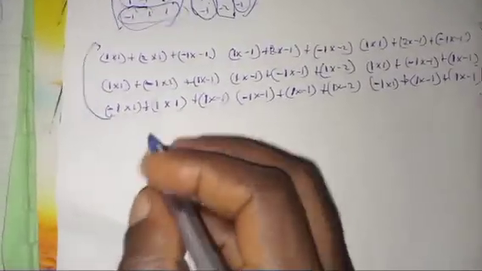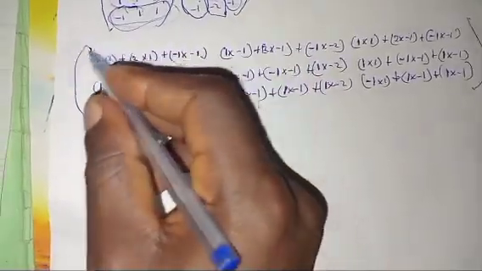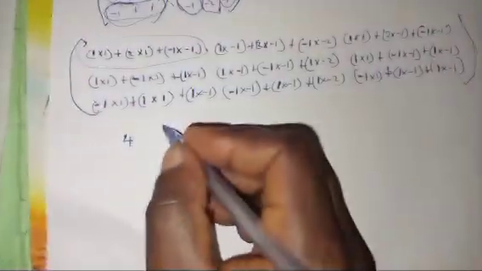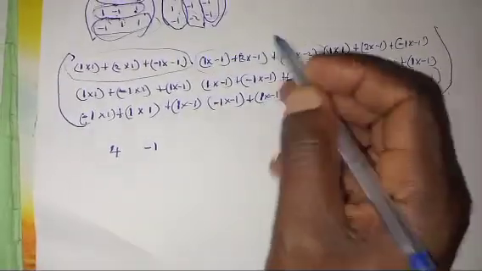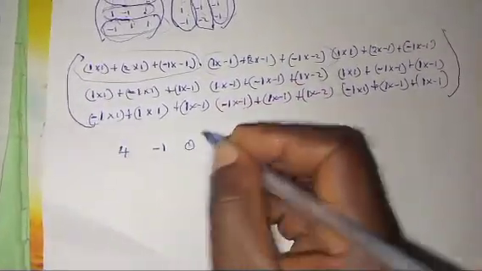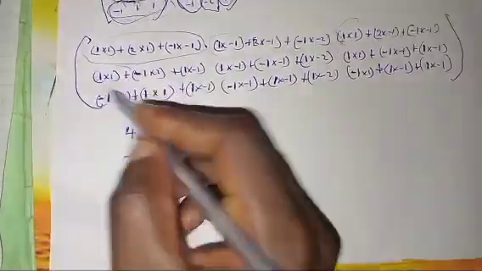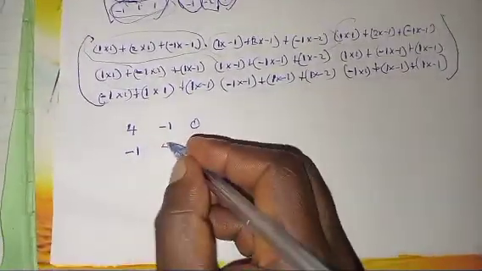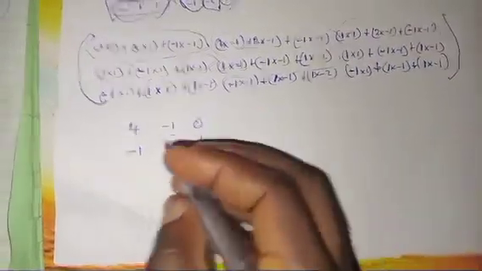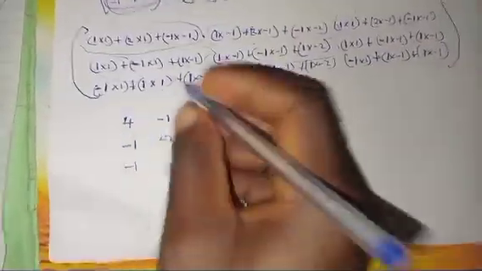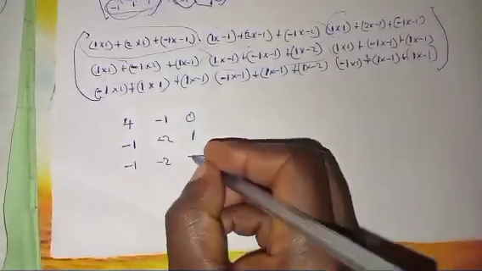After calculating, I found for this one negative 1, this one 0, this one negative 1, this one negative 2, this one 1, then negative 1, this one negative 2, this one negative 3.